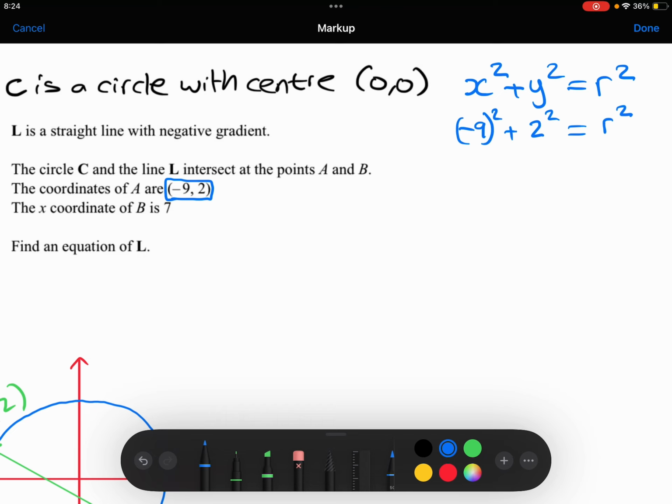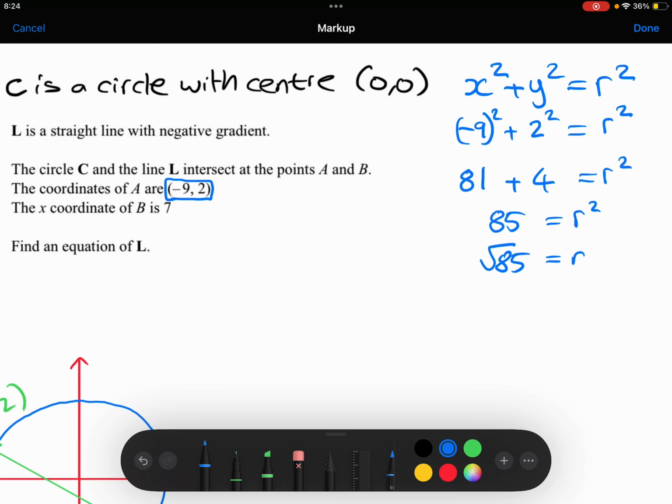The -9 squared is a positive 81. The 2 squared is 4. So the radius squared is 85. And the radius, should we want it, is √85. Not that we actually particularly need it for this question. We need the equation of the circle, not necessarily the actual radius itself.